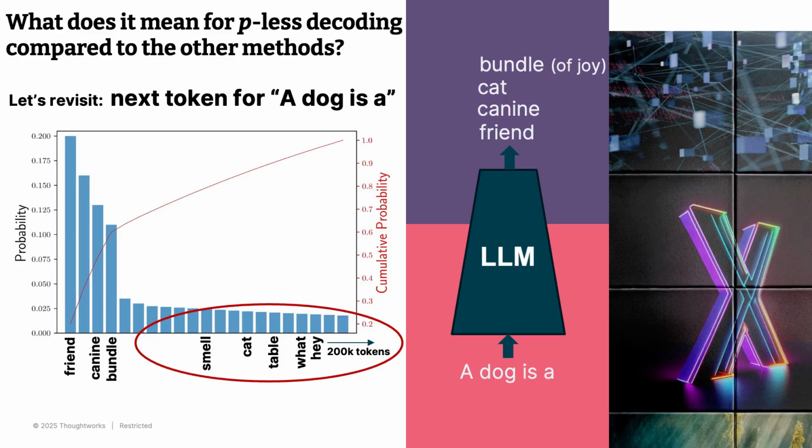And now we have gone through some of the methods, the 4 methods on traditional sampling and the P-less method. Let us revisit the initial task we had for the LLM. We input into the LLM, "A dog is a", right? And we see that there are so many possibilities. All are possible.